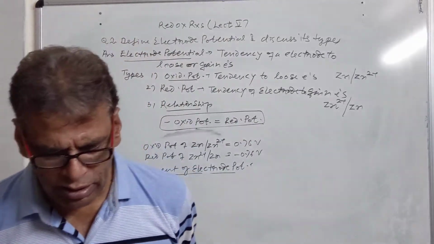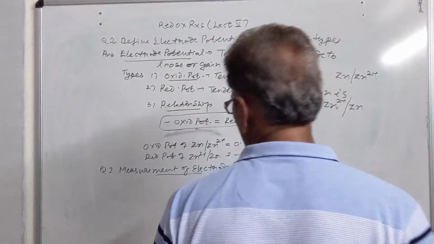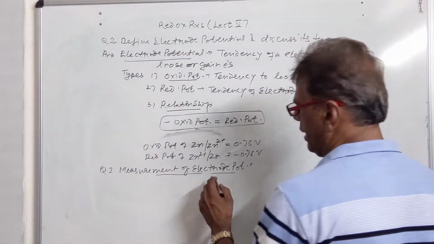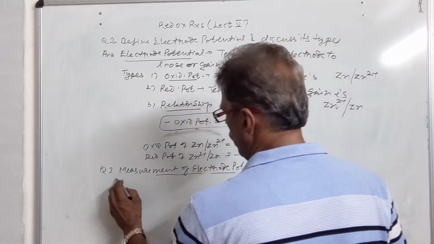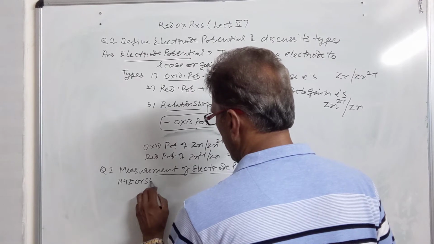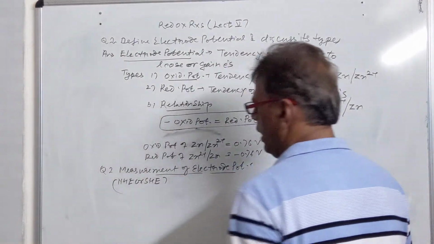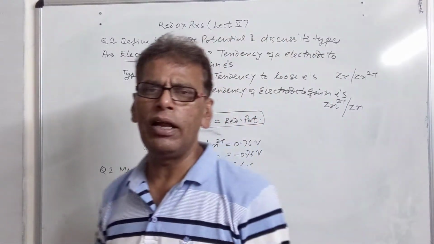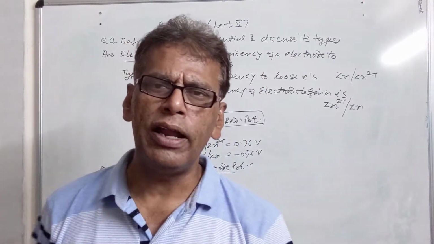So it is standard reduction potential. They are measured by coupling the electrode with NHE. So first of all we will discuss NHE or SHE. It is called the normal hydrogen electrode or standard hydrogen electrode.